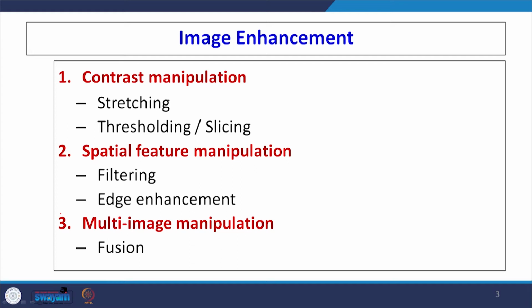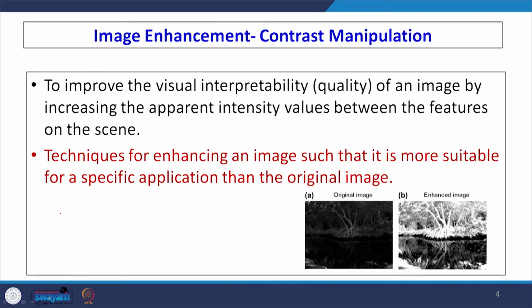We are applying filters; that is what we call spatial feature manipulation, and through that we are enhancing the edges of the different objects and features which are present. The next is multi-image manipulation, where we are doing data merging and data fusion techniques. We will discuss the first one in this lecture: how to carry out stretching of the DN values, and thresholding and density slicing, to improve the quality.